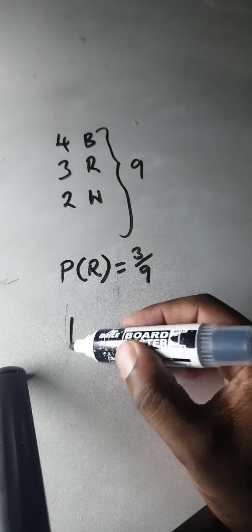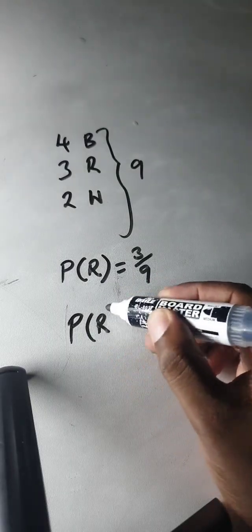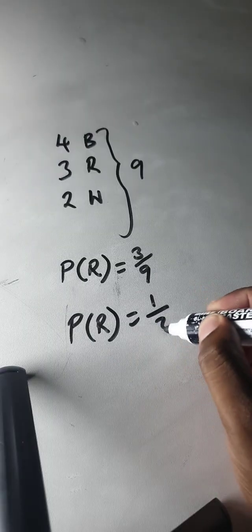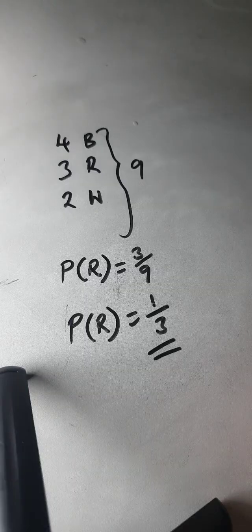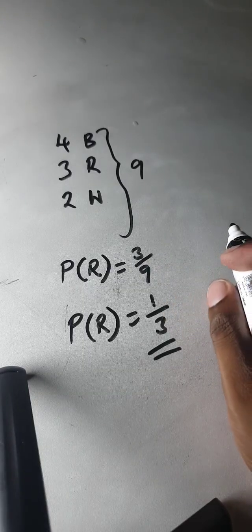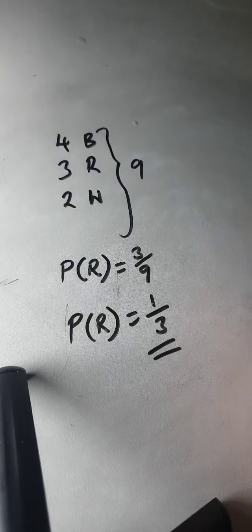Now we can simplify our work by simply saying 3 into 3 is 1, 3 into 9 is 3. That's our answer. Don't leave it like that. Always simplify your work. And what if they asked for the probability of picking a blue marble?